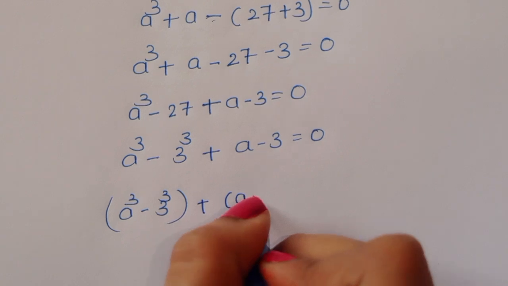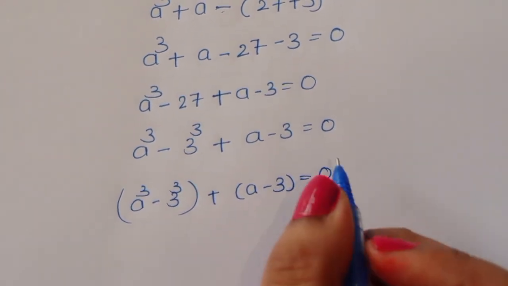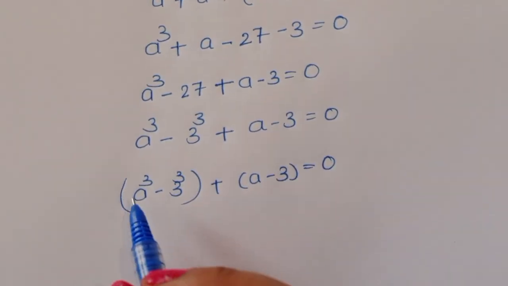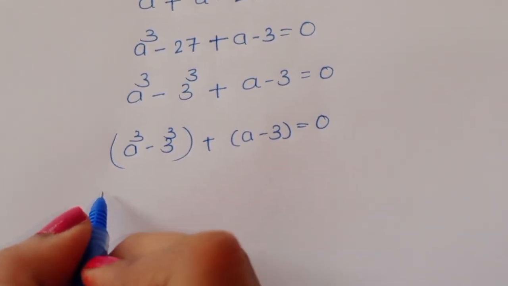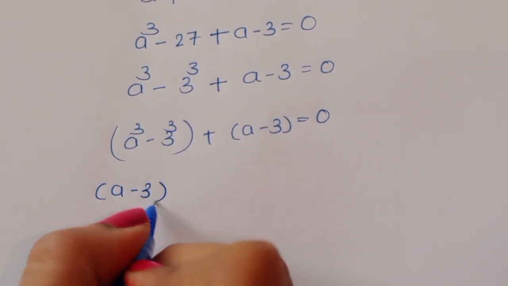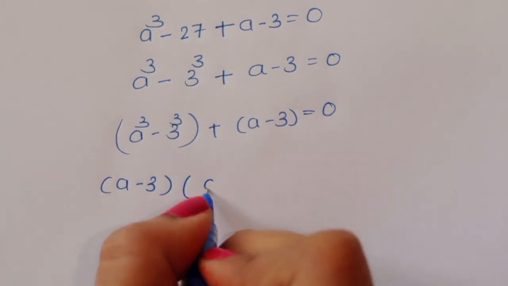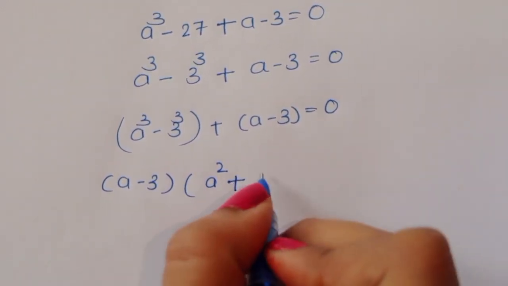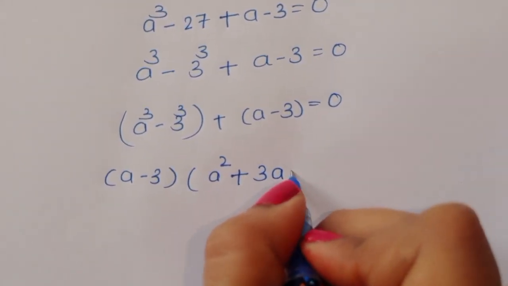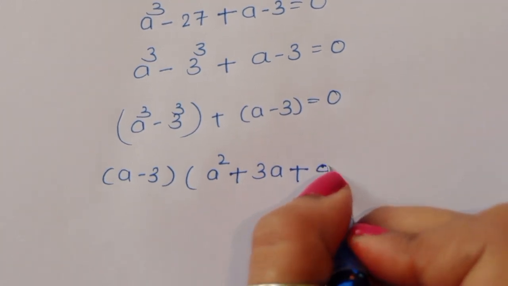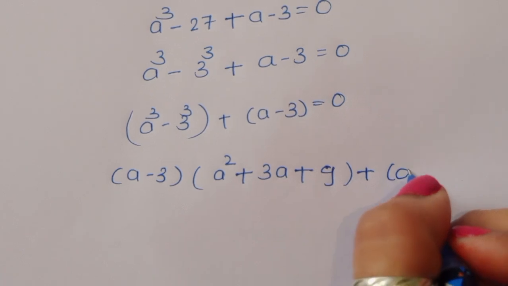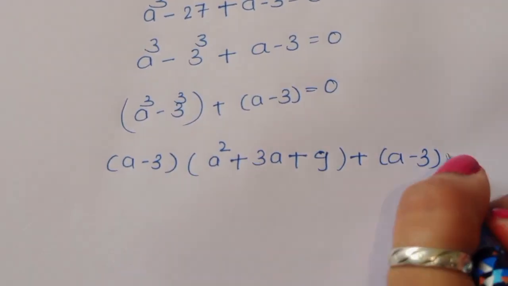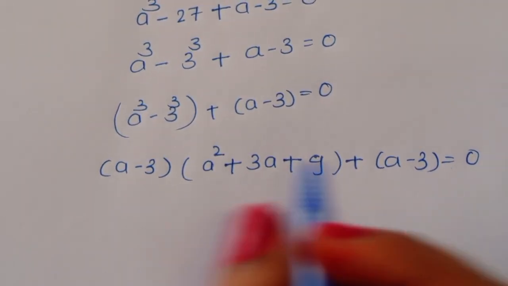We know the formula for a cube minus b cube, so we use it here: (a minus 3) times (a square plus 3a plus 9), plus (a minus 3), is equal to 0, right?